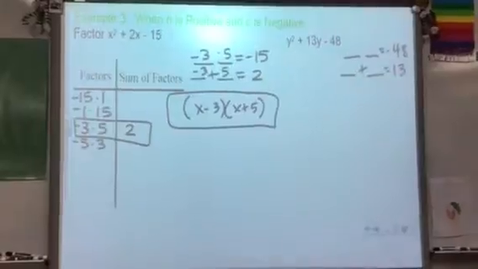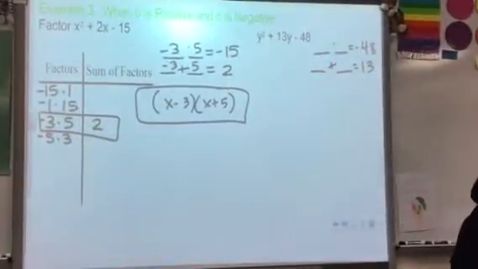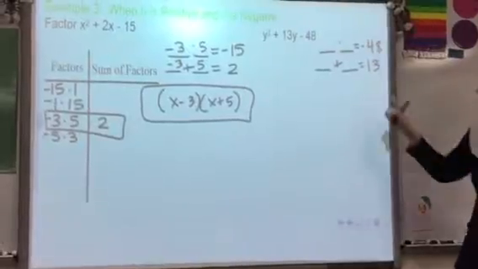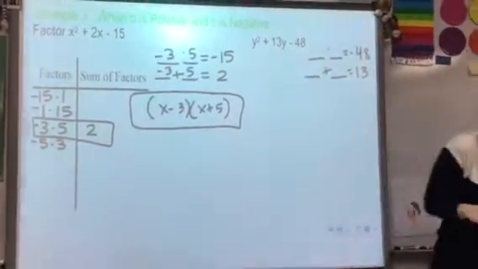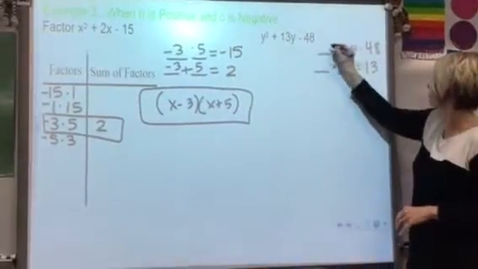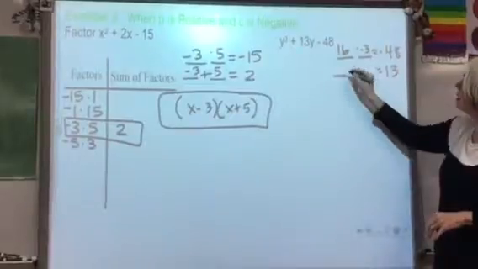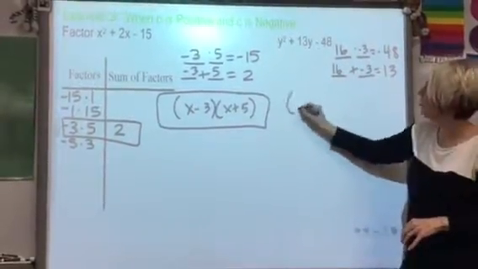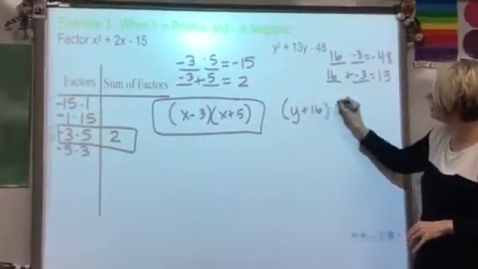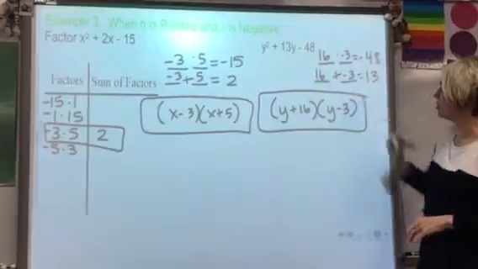I'm going to cheat a little bit here and look, and I get, well, it would help if I would write the right problem. I think it's 16 and 3. And so I need to have a positive 16 and a negative 3. So I'm going to have y plus 16, y minus 3, and that's my result.